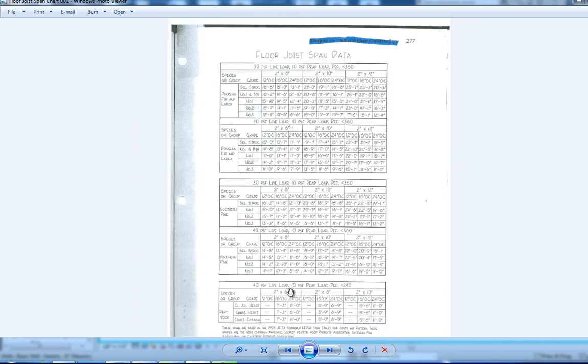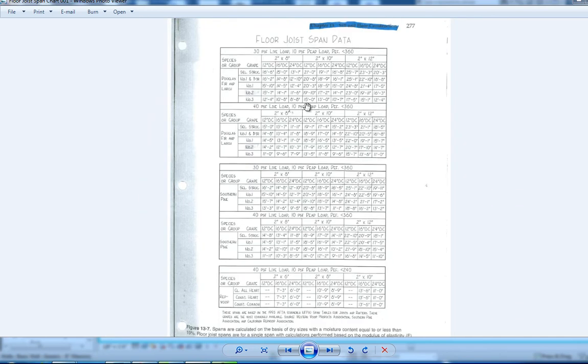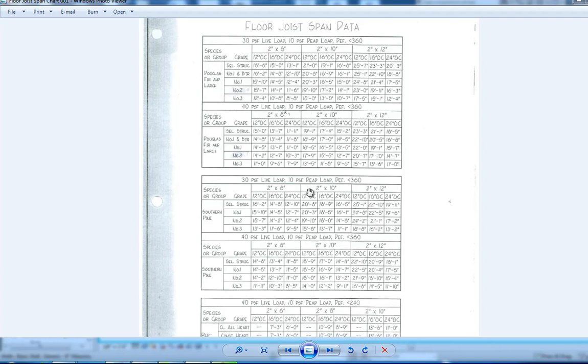And most of the time when you get into maybe a two-story home or a story and a half, you are looking at about 40 pounds per square foot. And also, don't get me wrong, in a single structure, if it's a one level, one floor home, it could be different per room.